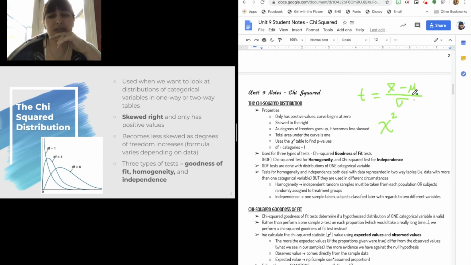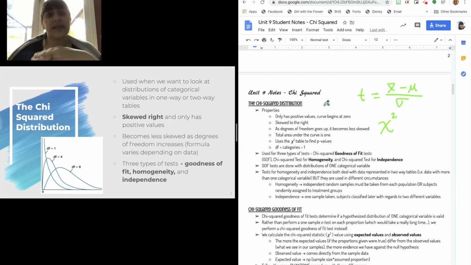It's similar to this formula with a couple of little changes, because you have to do some squaring and you divide by a different thing. Essentially, what you're doing when you run chi-squared tests is trying to get this chi-squared value, and that's like your t value or your z value.